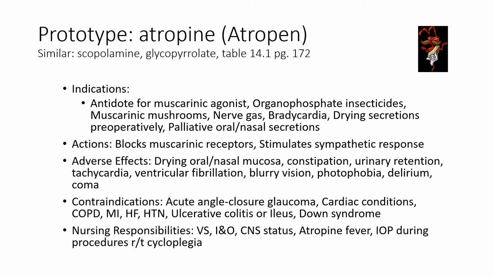So anticholinergics really dry up secretions. And if you think about what produces a lot of secretions, it's the parasympathetic system. So if you block the parasympathetic, you'll dry up the secretions.